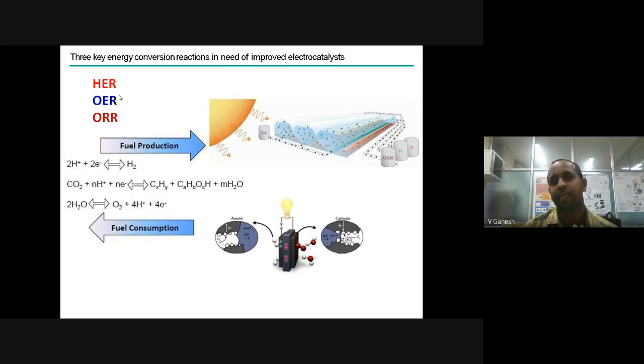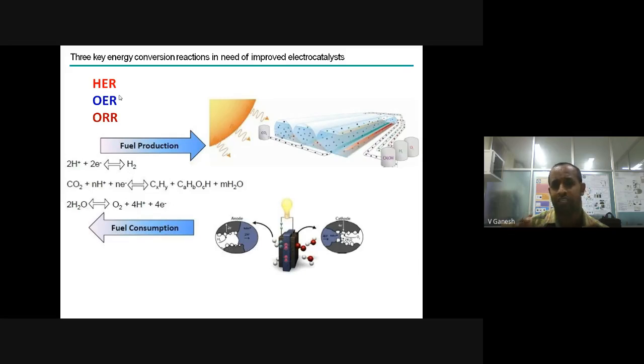Yesterday I mentioned that thermodynamically, maybe I do have the slide, yeah. Thermodynamically, water splitting reaction is not an allowed process. Probably whoever studied thermodynamics would know. It is not an allowed process. Delta G is positive. It is roughly about 237 kilocalories per mole. I can show the calculation a bit later.